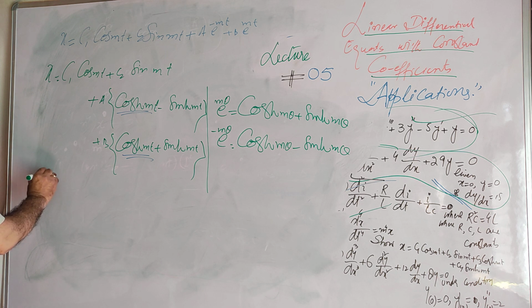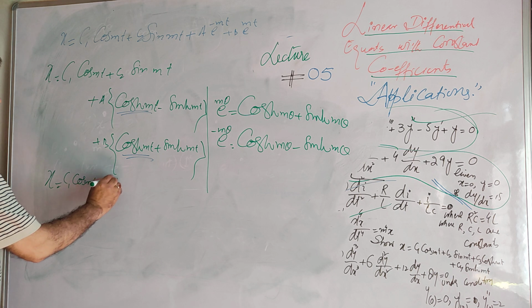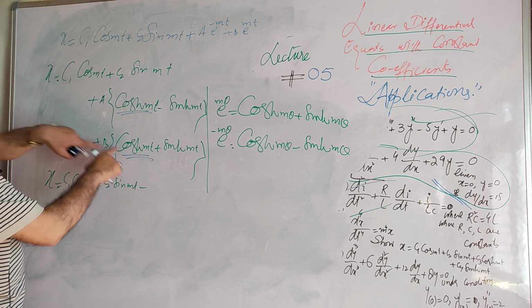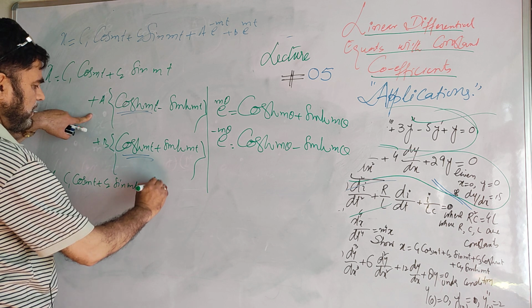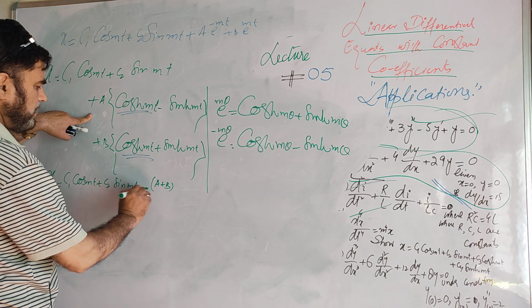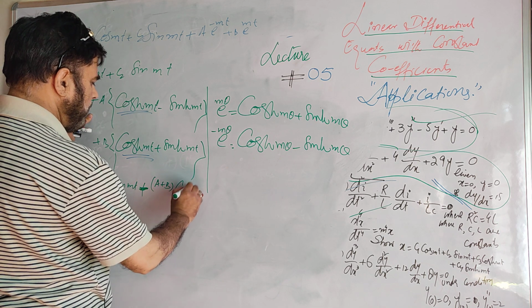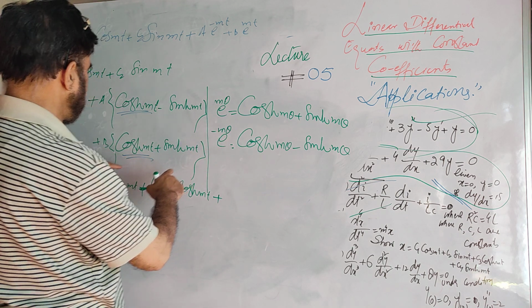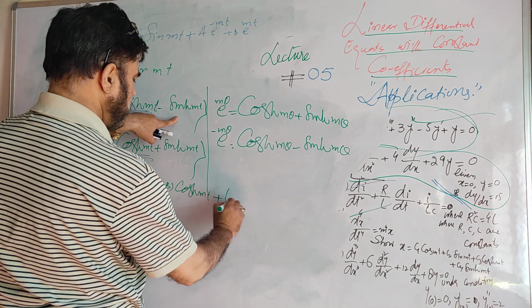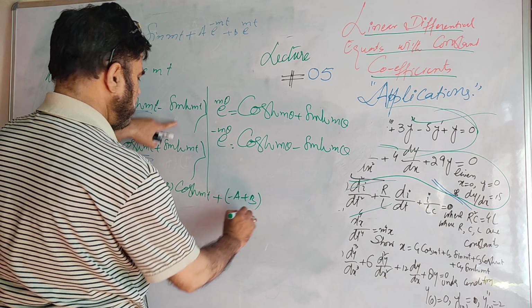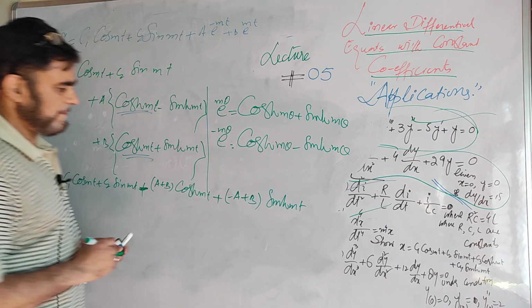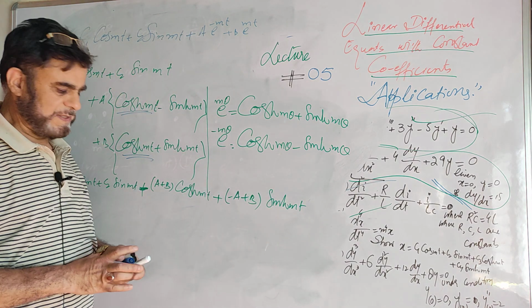This is x is equal to c1 cos mt plus c2 sine mt, then taking this common from these, it will be a plus b cos hyperbolic mt, then here take common this sign, you will get minus a plus b sine hyperbolic mt, because I want the result in terms of hyperbolic cos and sine.